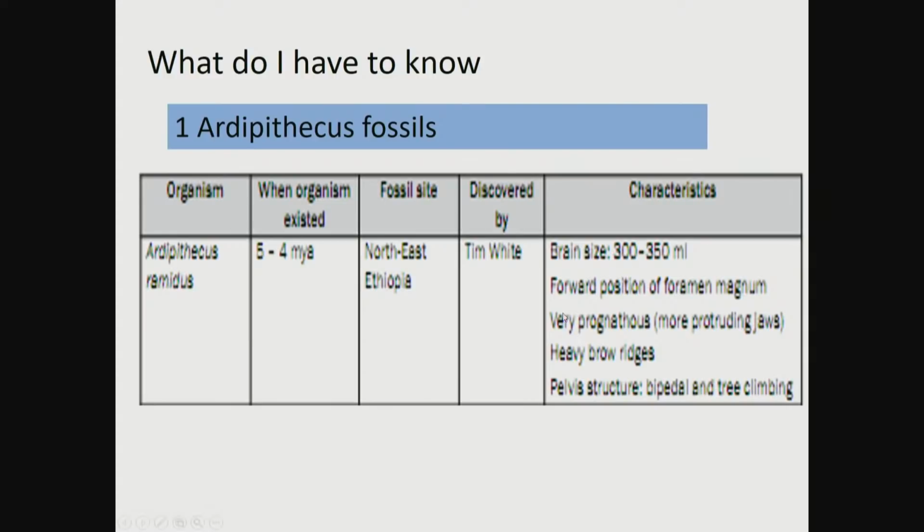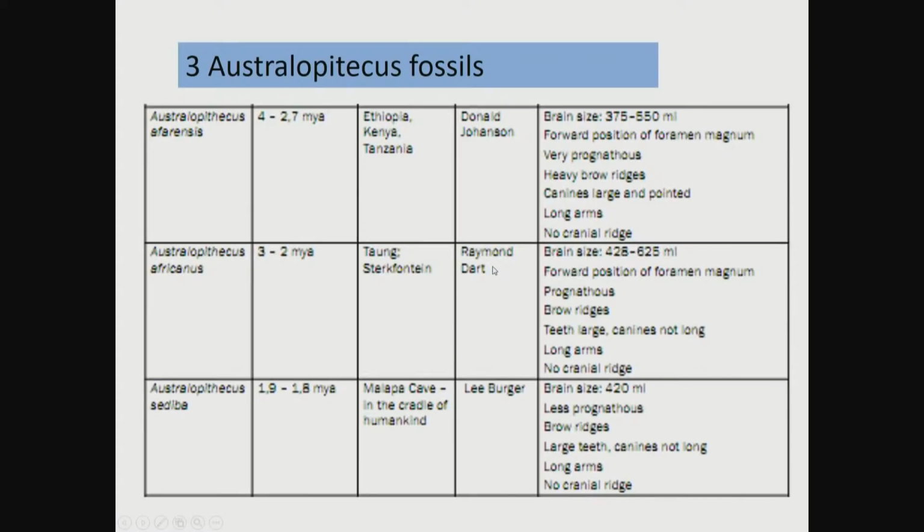Ardipithecus: Tim White discovered the Ardipithecus fossil. Ardipithecus ramidus was the first one, and Tim White discovered it. And then we have the Australopithecus, Donald Johanson, Australopithecus africanus, the Taung child.